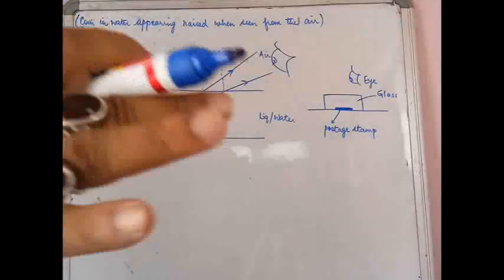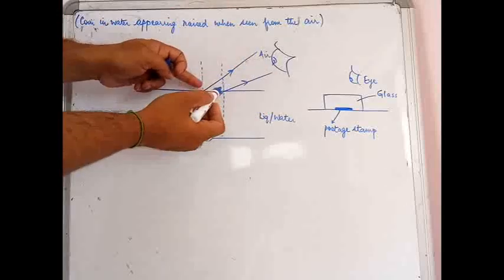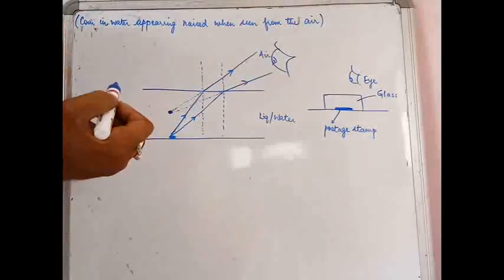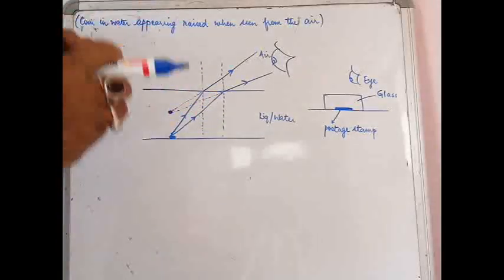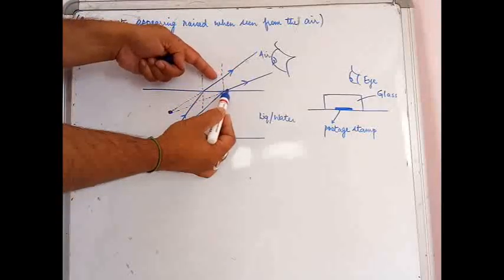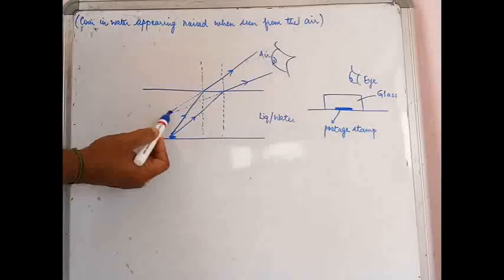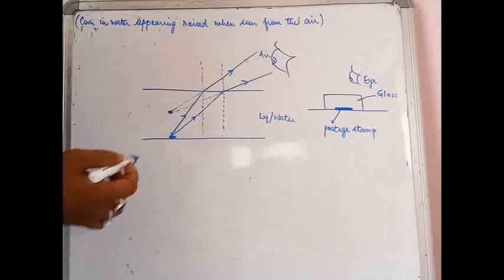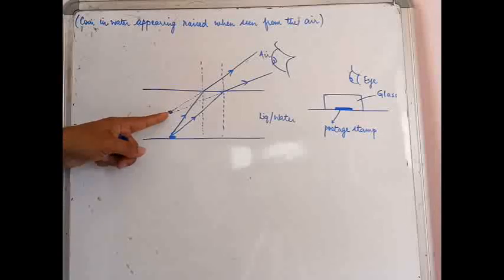No, the rays are not going to actually meet, because the actual rays are getting diverged as they go. So in order to obtain an image, we produce these two rays backwards with a dotted line, and you can see that they appear to meet at this particular point. So the image that will be formed will obviously be virtual in nature, but it will be formed over here.